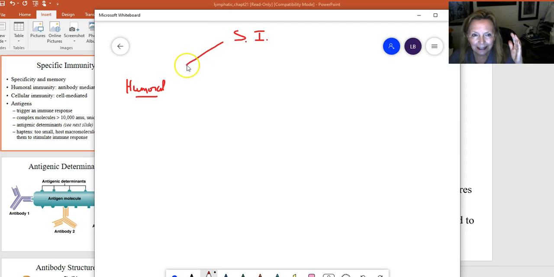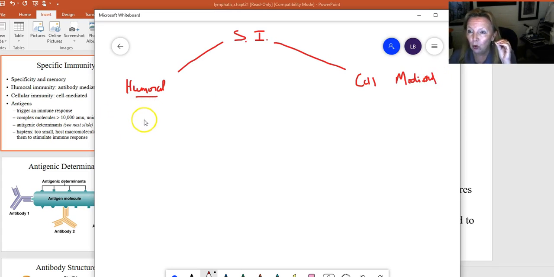The second major type of specific immunity is called cell-mediated, M-E-D-I-A-T-E-D. But first let's talk about the humoral and what is needed for humoral immunity.